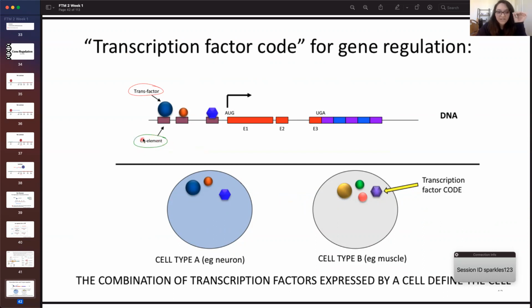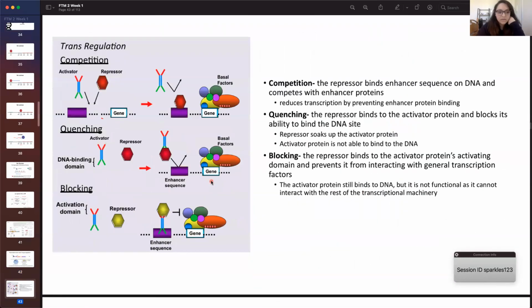So when they ask you what your cis regulatory elements are, they are these purple boxes, this red box, these purple and blue boxes, it's actually the DNA sequence. And keep that in the back of your mind, because the things that bind to your cis factors are your trans factors. Okay, let's move on.